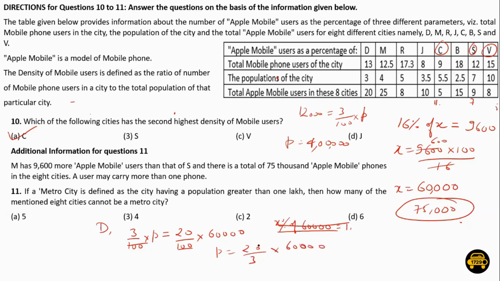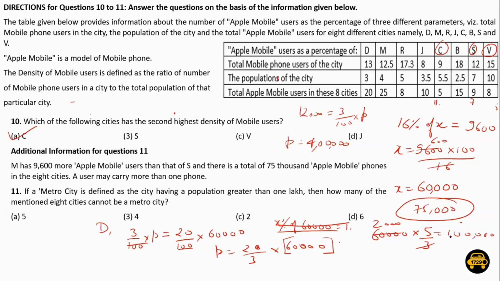Now, in any case, we have to find out whether the population is greater than 1 lakh or not. So by what number do we have to multiply 60,000 so that it becomes 1 lakh? It's very easy. If we multiply 60,000 by 5 by 3, it will become exactly 1 lakh.